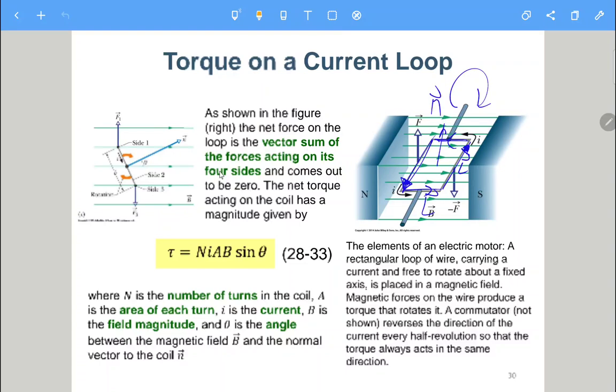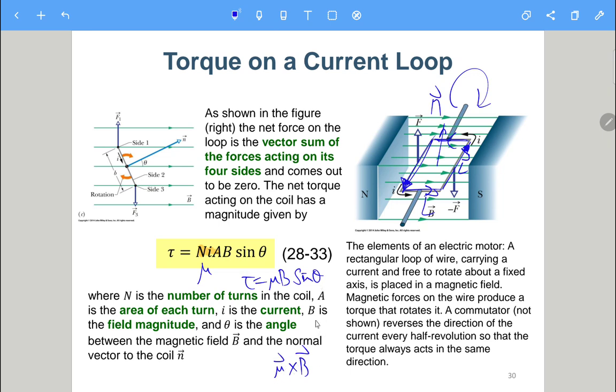So in the previous page, you can see here, this term is actually the mu. So actually it is like tau equals mu B times sine theta. Which is like mu cross B. So mu is the direction.